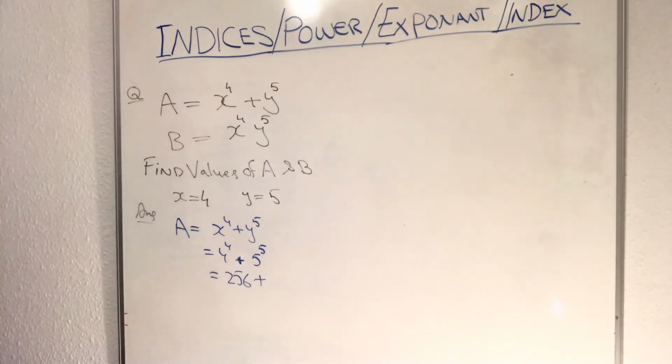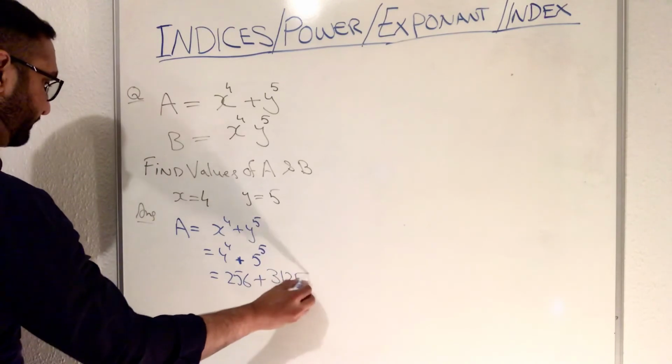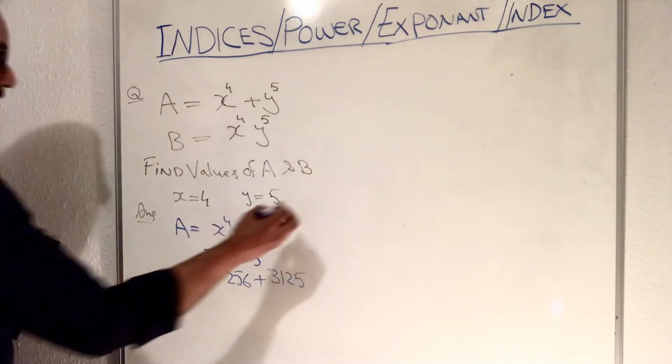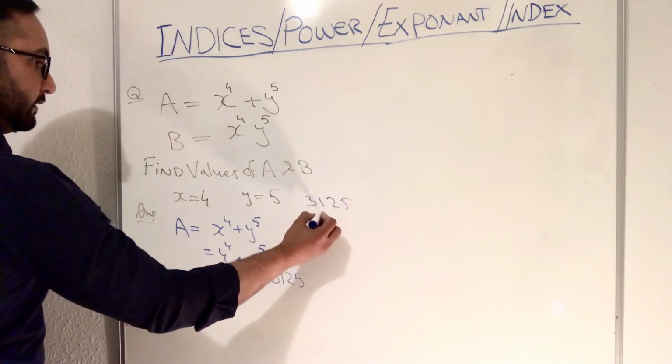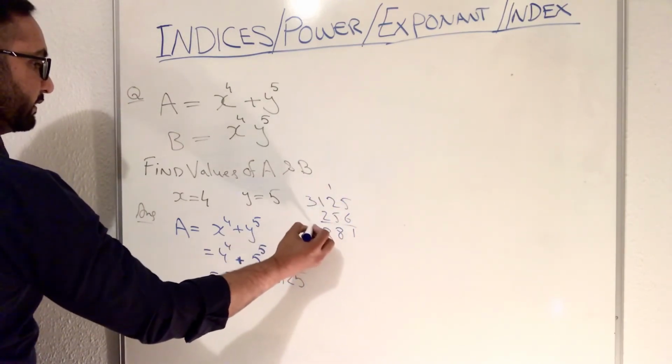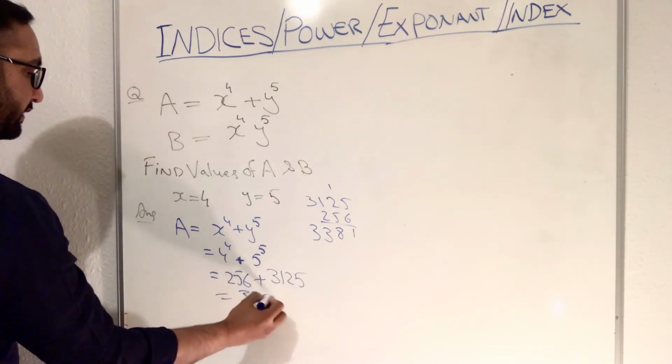And 5 times 5 is 25, then 125, then 625, and with five 5's, 5 power 5 is 3125. Then we add these values: 3125 plus 256 becomes 3381.